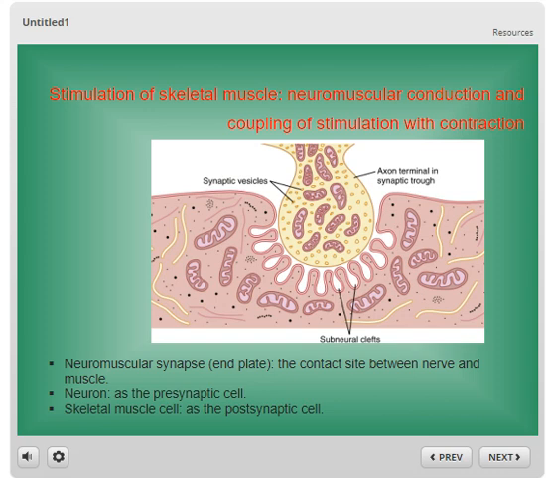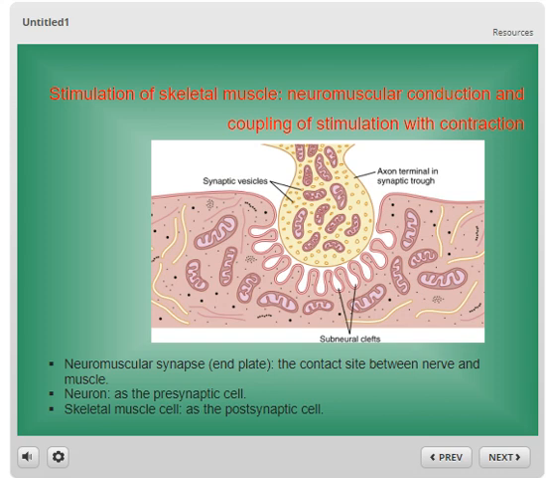Calcium binds to troponin, causing a shift in tropomyosin and exposing binding sites on actin for myosin heads, leading to muscle contraction through the sliding filament mechanism.